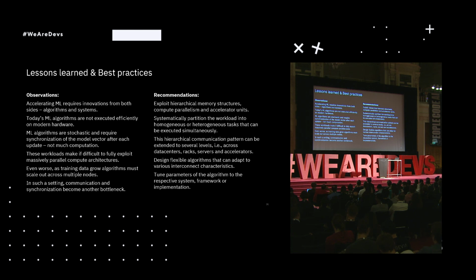So what can you do? First of all, in typical systems today you have multiple levels of hierarchy, with different memories of different bandwidth and capacity. So exploit as much as possible the compute parallelism there, and the differences in memory bandwidth. Then, as we tried here, systematically partition your workload according to the architecture of the system.